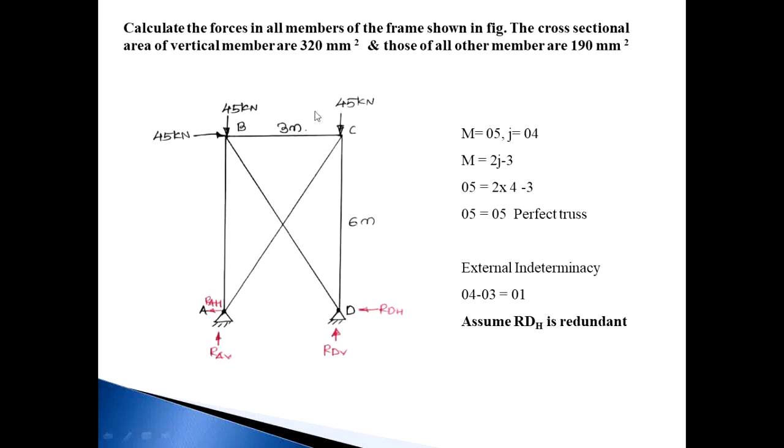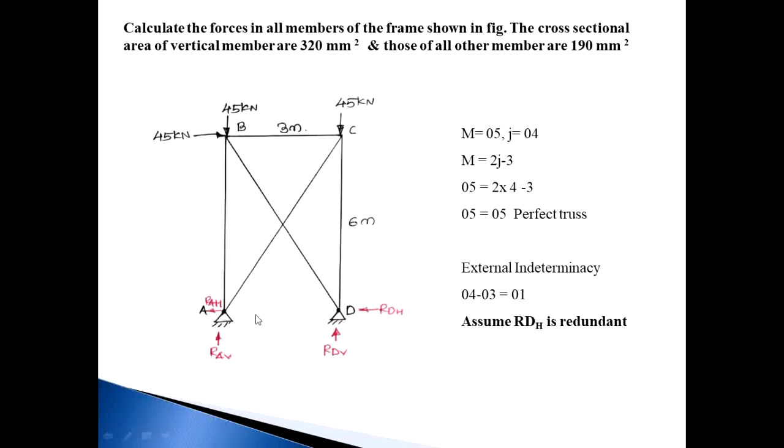The external applied loads are 45 kN vertically downward at point B, 45 kN vertically downward at C, and 45 kN horizontal towards the right at point B. Points A and D are hinge supported.